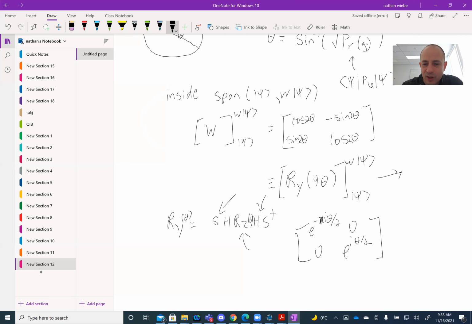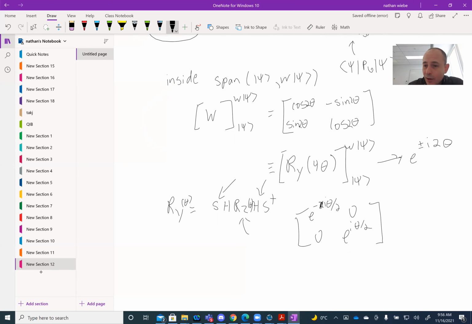These operations inside this 2-dimensional space end up diagonalizing it. So therefore, the eigenvalues of this are equal to e to the plus minus i 2 theta in this context. Okay, fantastic. So why is this important?